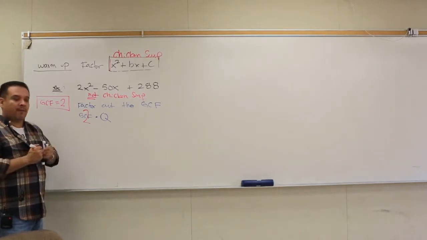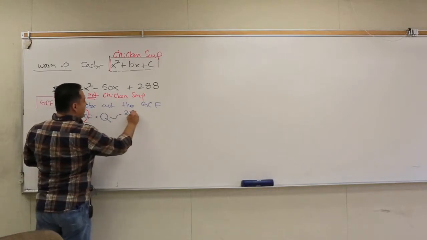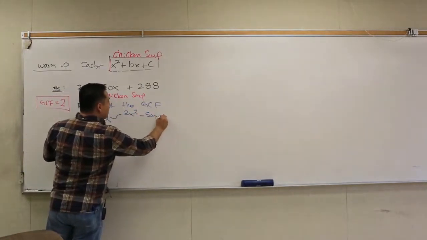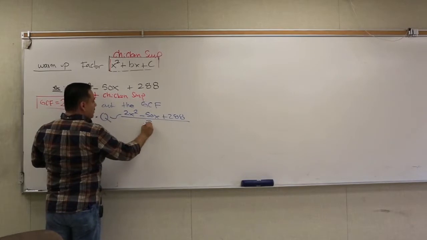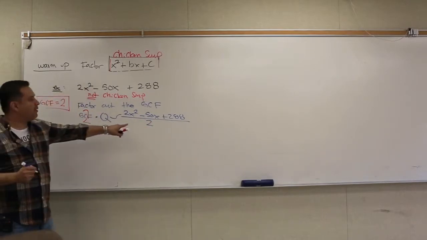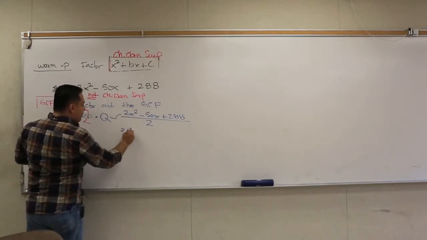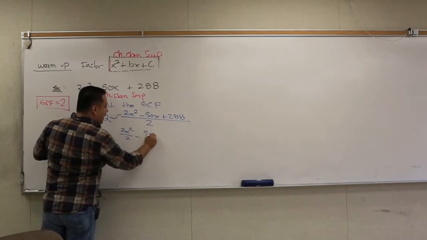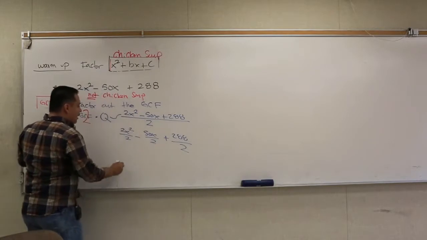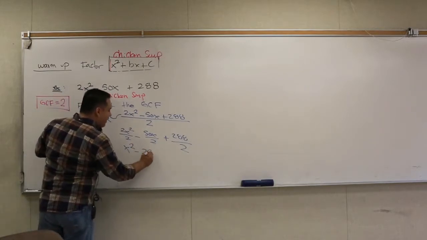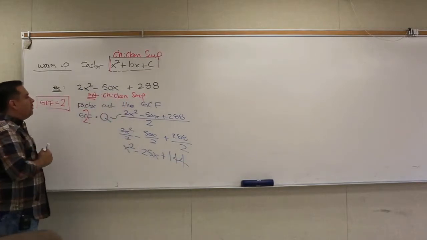You divide 2x squared minus 50x plus 288 by the greatest common factor, 2. So 2 divides each term: 2x squared divided by 2, minus 50x divided by 2, plus 288 divided by 2. I get x squared minus 25x plus 144 as the quotient.